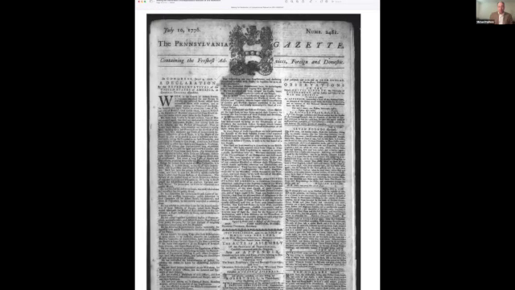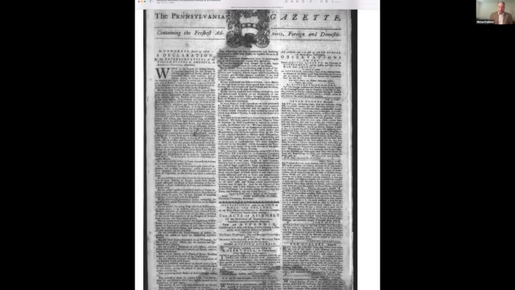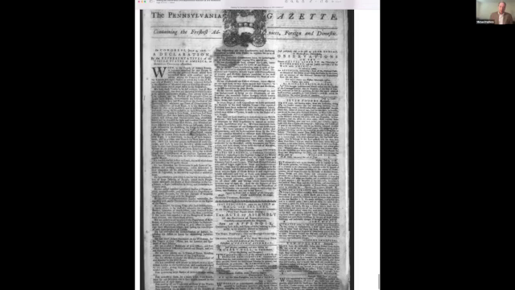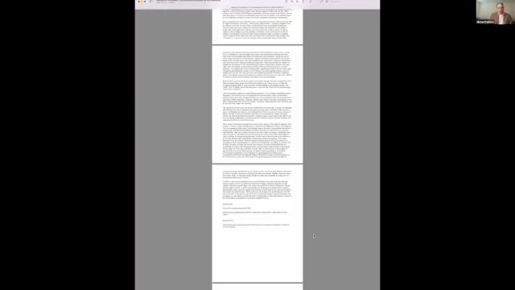But that is juxtaposed quite instructively with several ads for runaway slaves in the right column, and that can be an interesting juxtaposition to share with students, and to raise the issue of the relationship between slavery and the Declaration, and the ideas in the Declaration, but also slavery and the Revolution generally. So those are some of the resources that I put together, and I'm really interested just to hear some thoughts, and to have a little conversation.